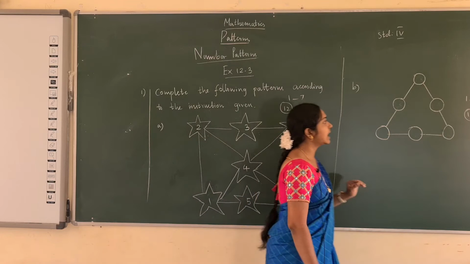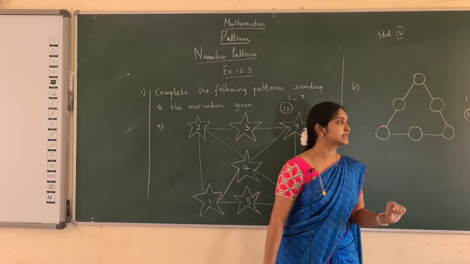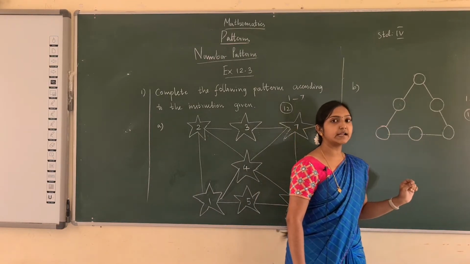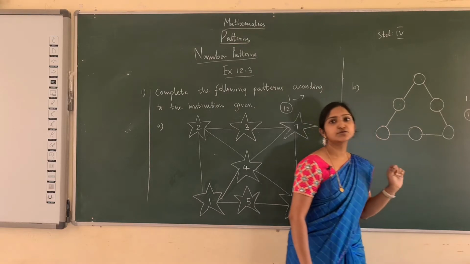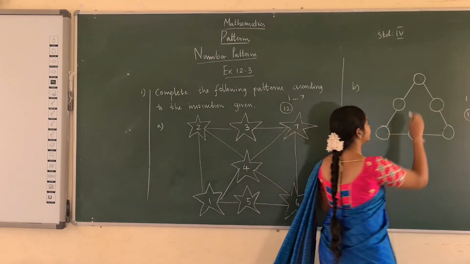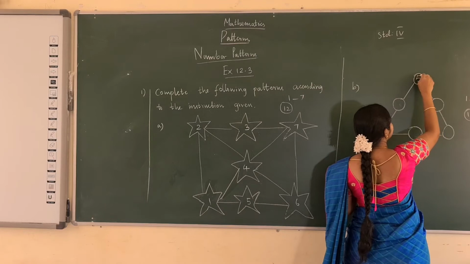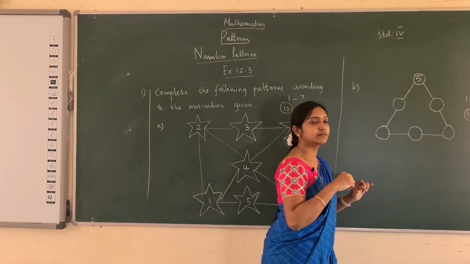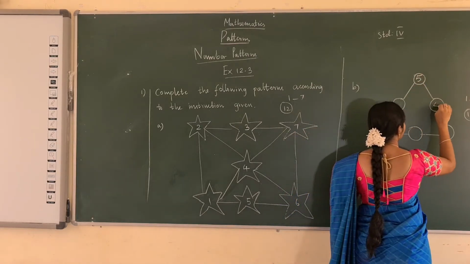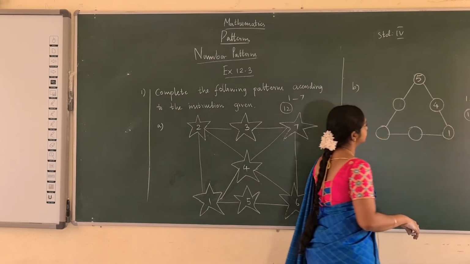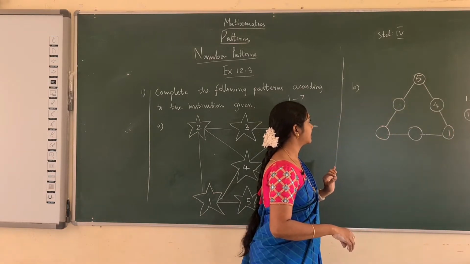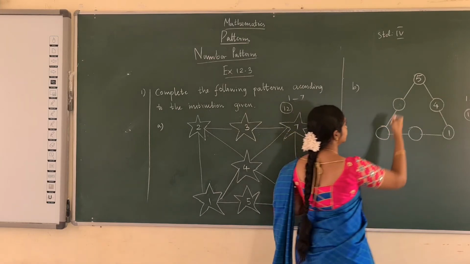Next here, we have to use the numbers from 1 to 6. And it must add up to 10. So, let us start from 5. Here it can be 5, 4, 1. Complete here.